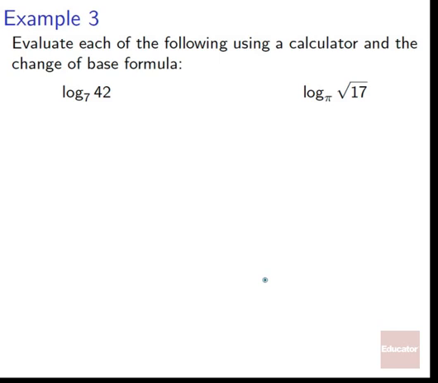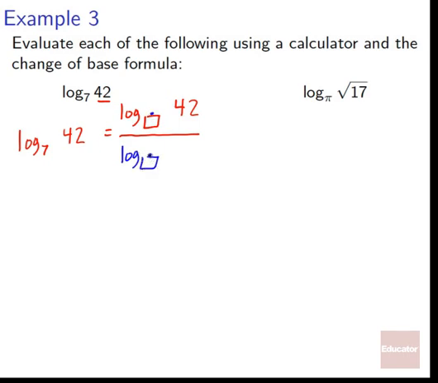Evaluate each of the following, use a calculator and the change of base formula. So remember our change of base formula: if we have log base 7 of 42, then we can change to any base. We'll put a square right now, of 42, the thing that we're taking our log of initially, divided by log, and the base has to be the same between here and here.